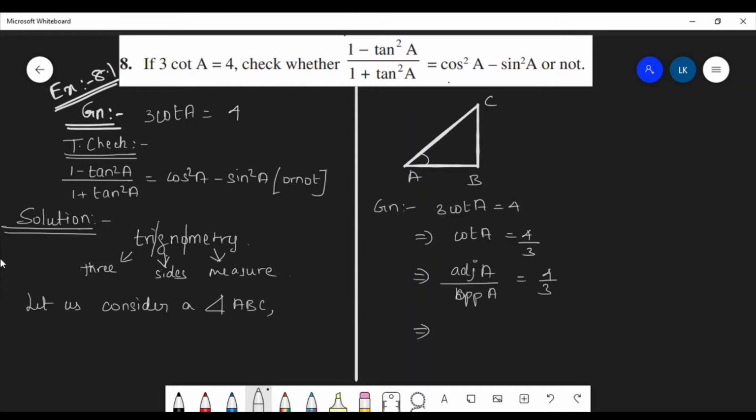And what is the adjacent side of A? It is AB. And what is the opposite side of A? It is BC. AB by BC is equal to 4 by 3. And these are ratios. Ratios have a common ratio, for example K, and it will cancel out while dividing.